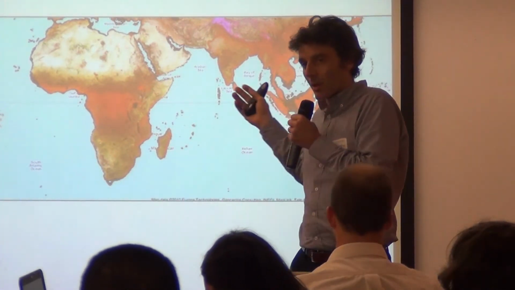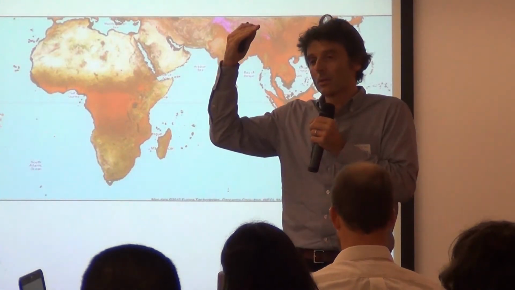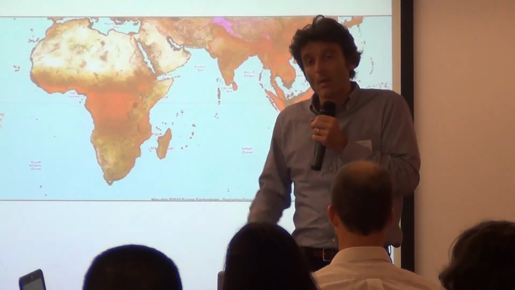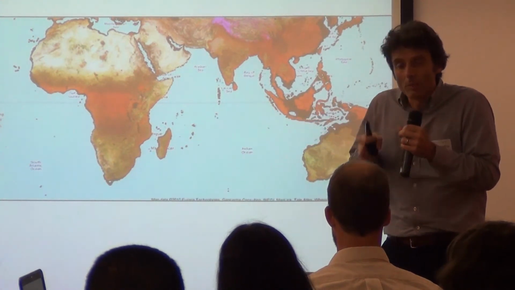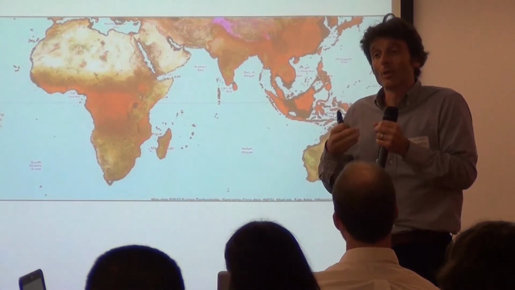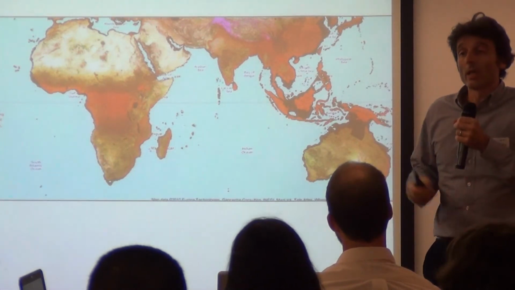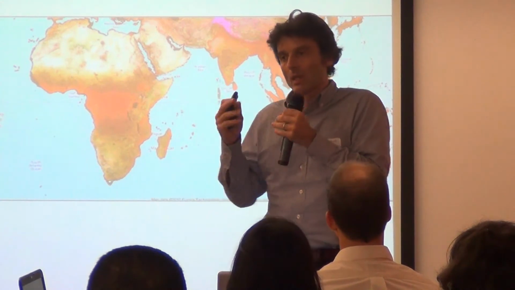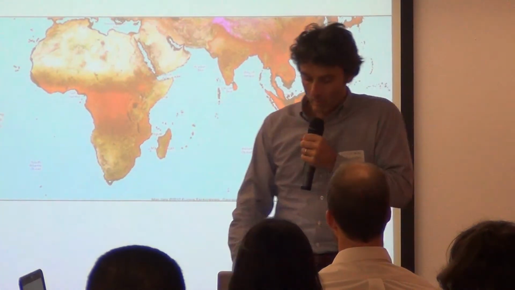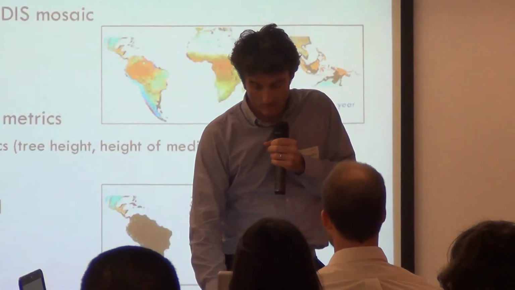And MODIS is an optical sensor, so if there are clouds, you actually don't see the ground. But luckily, clouds move, right? So if you keep looking at the same place over and over and over, you will be able to get a clean observation. So we composite all this data over 2 years, and we came up with the data set.